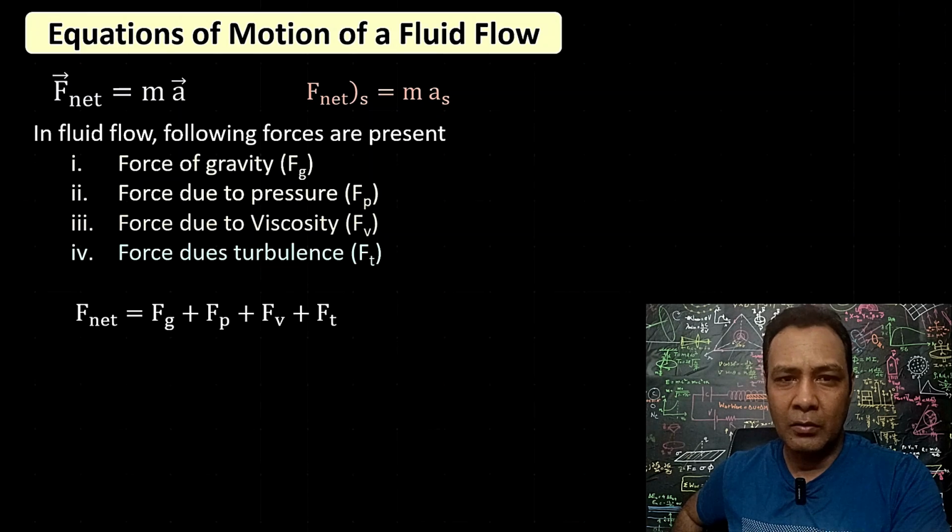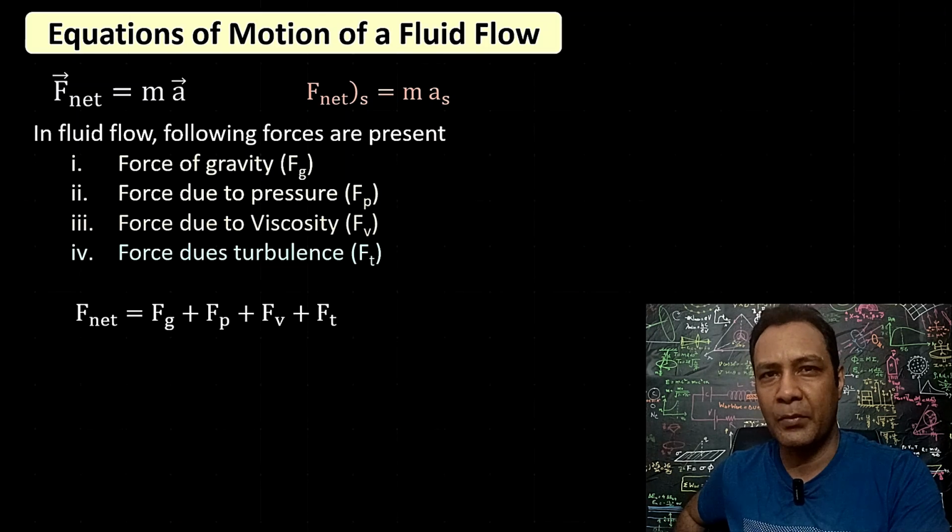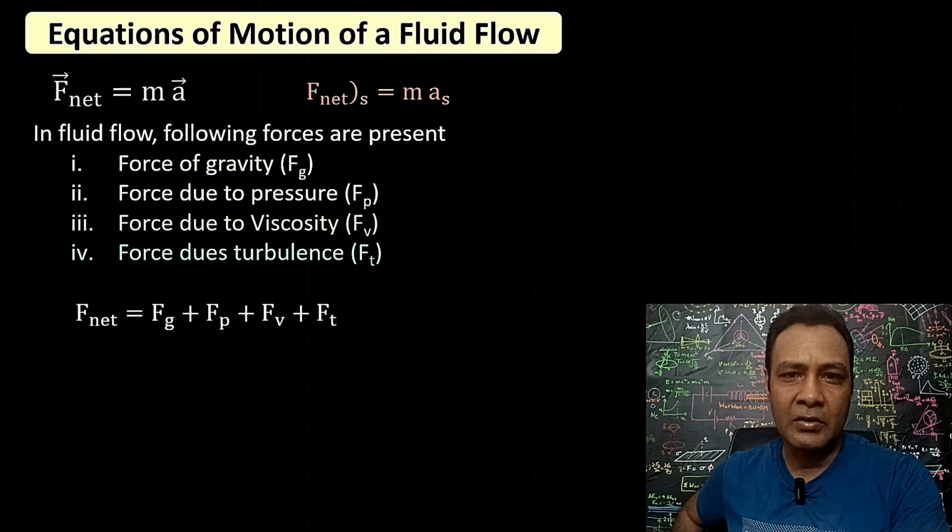Now depending on which forces are present, if all four forces are present, then the equation that we arrive at is the Reynolds equation of motion.